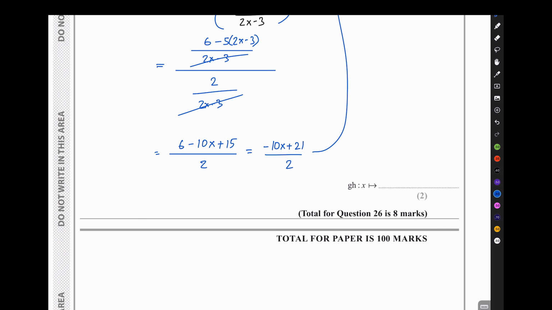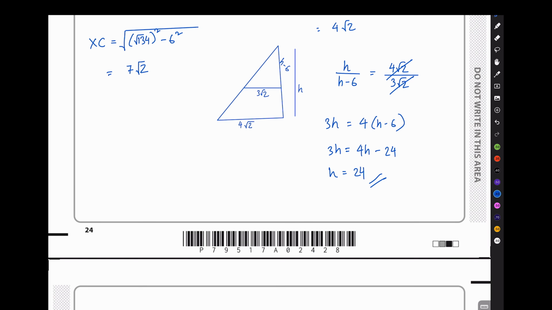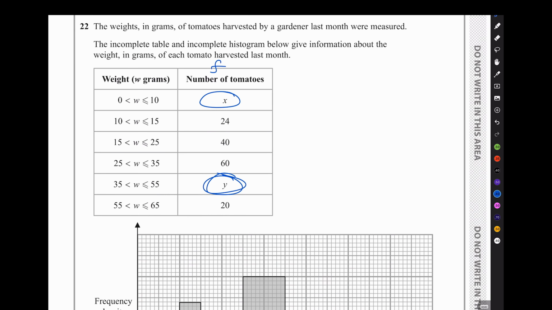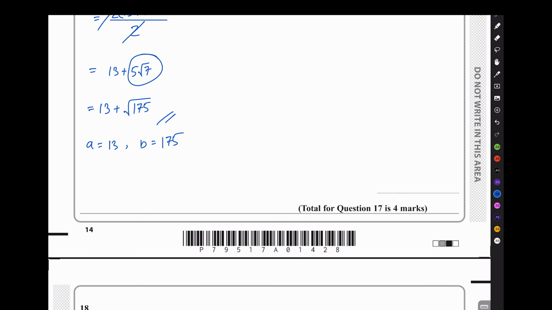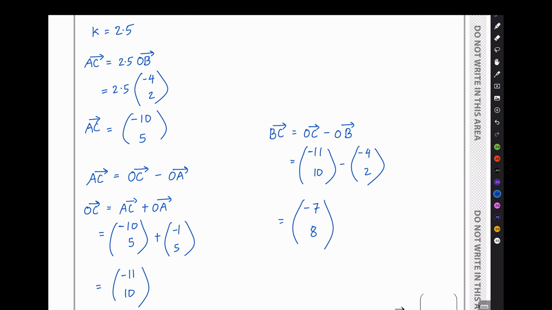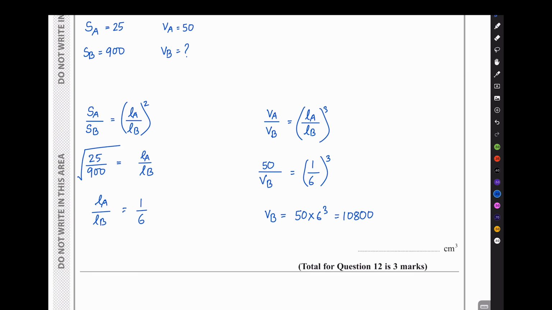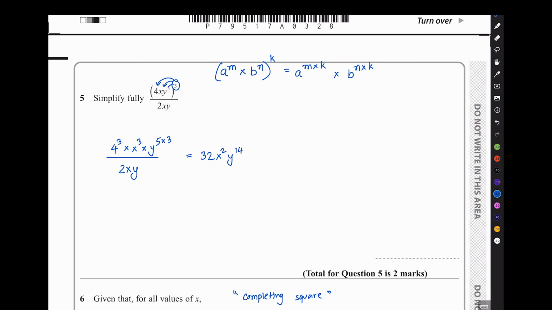Oh, finally. Okay, let me just quickly skim through the paper and see if I missed anything. I guess I didn't, fortunately, and I hope everything is correct.